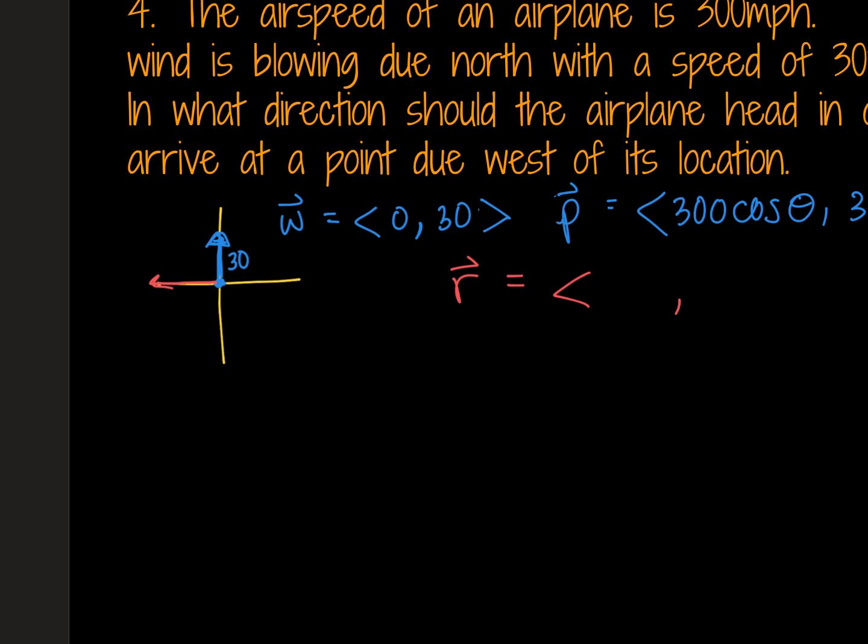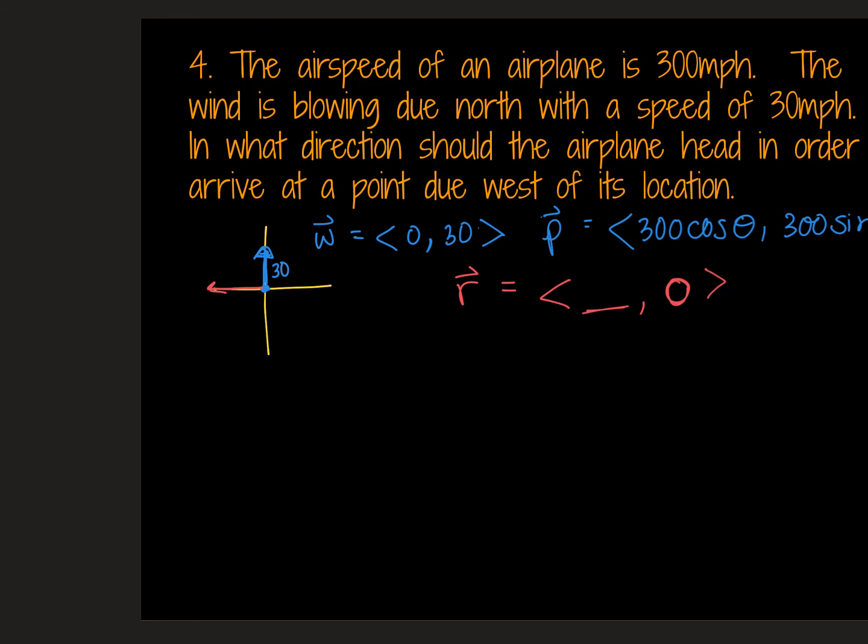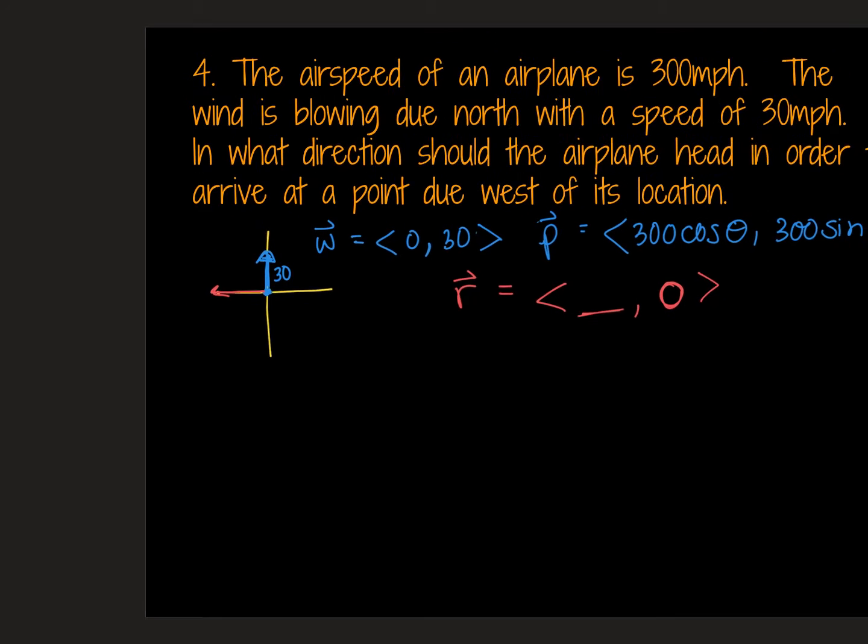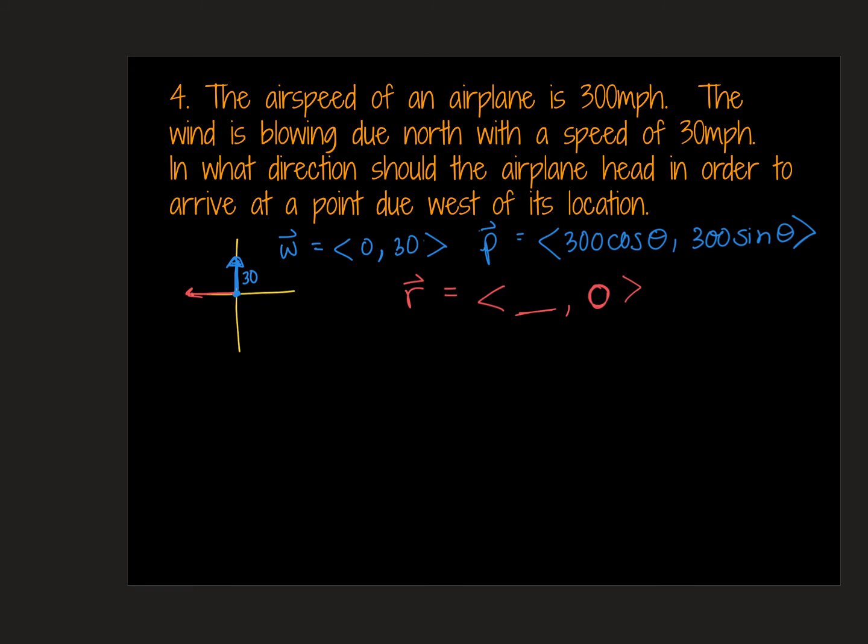I want it to be due west, so that's going to be a vertical component of 0. But this is what I need to figure out. I'm actually missing 2 pieces of information here, but what I have so far, I actually do have enough information.